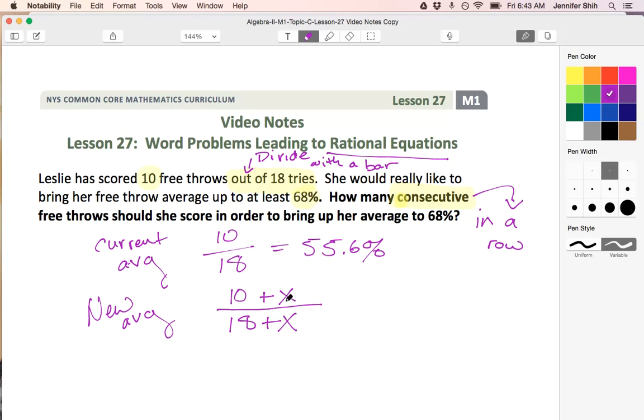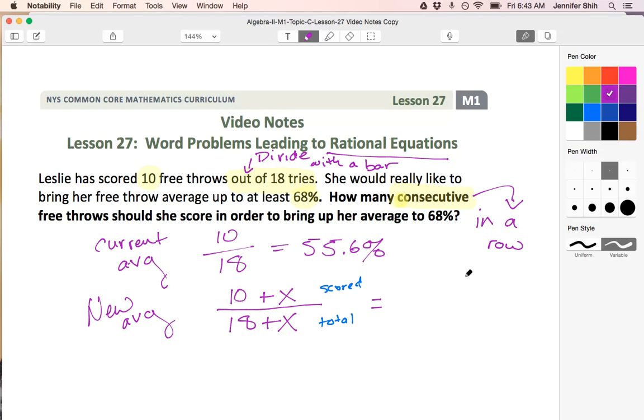But let's say she gets them all in the hoop, and so we're going to add that to the number of free throws she's scored. Number scored, that's up here, out of the total. And we need that to equal 68%.